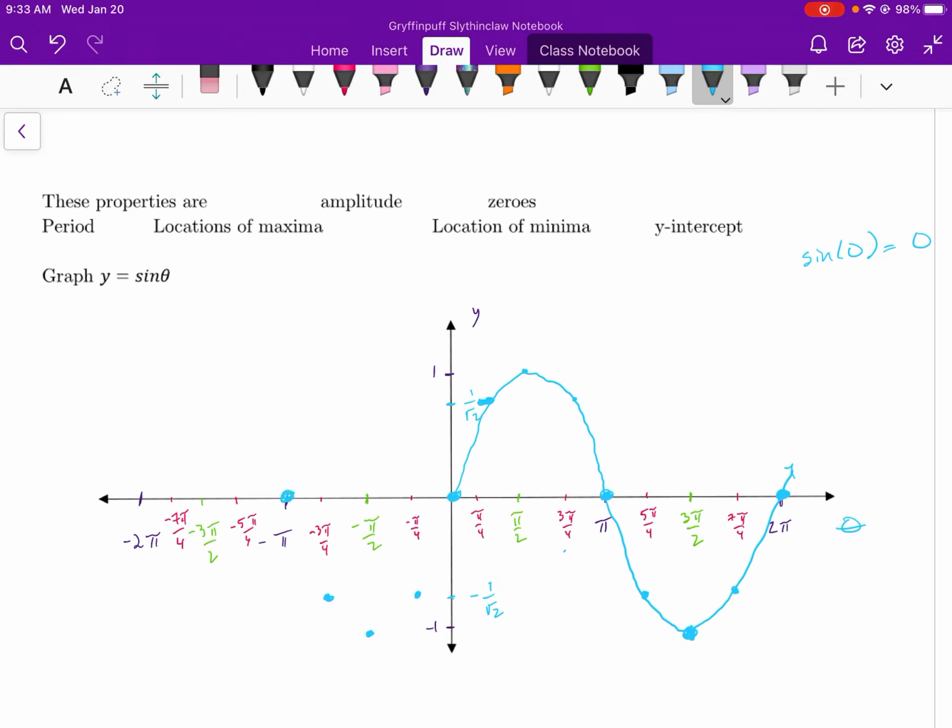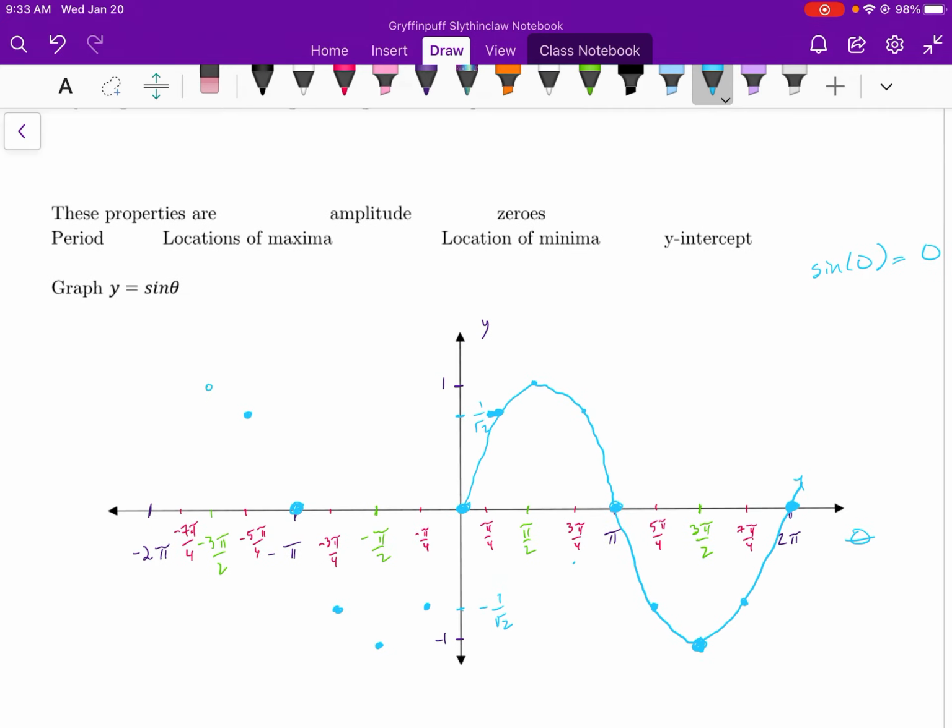Negative 3 pi over 4 has a sine value of negative 1 over root 2. Negative pi has a sine value of 0. Negative 5 pi over 4 has a sine value of positive 1 over root 2.